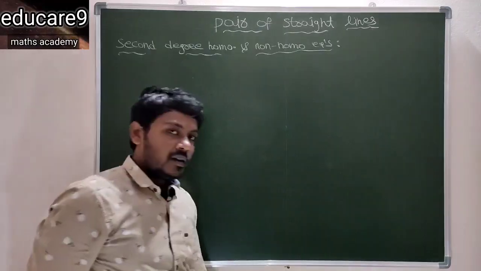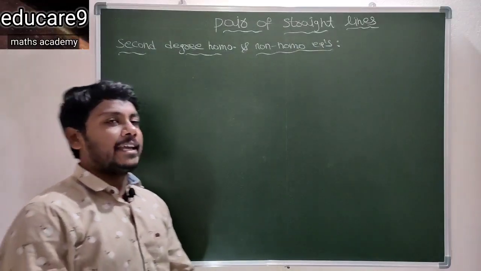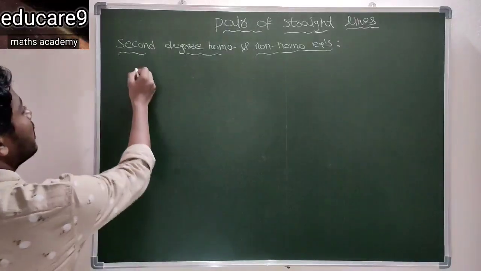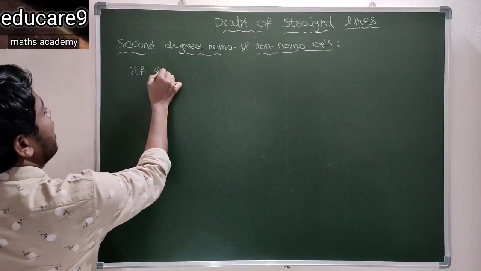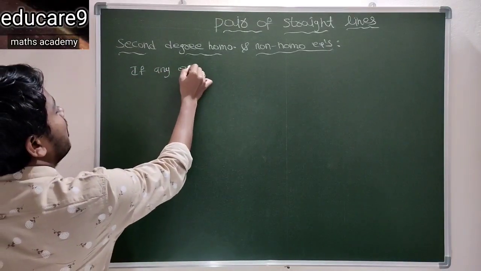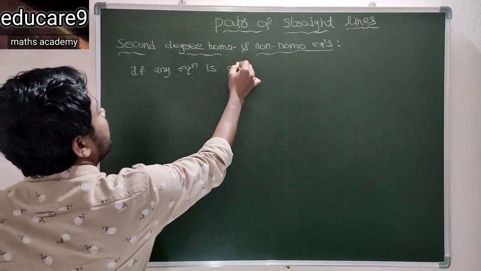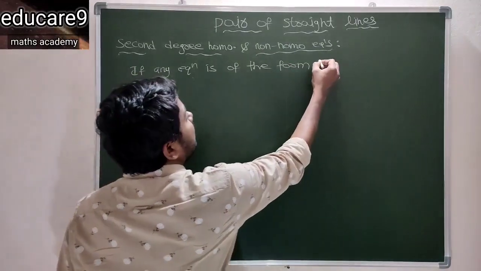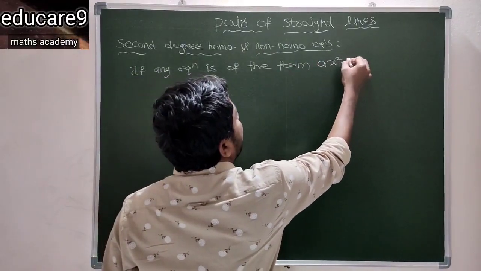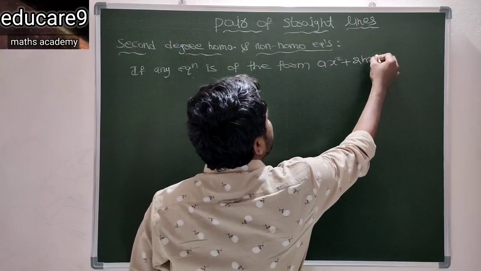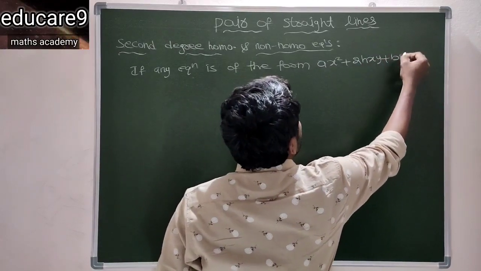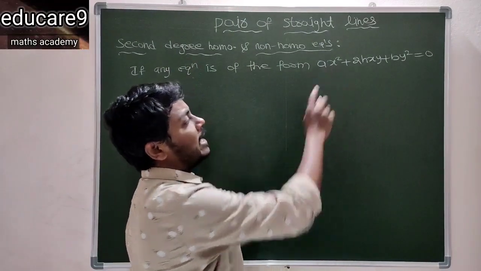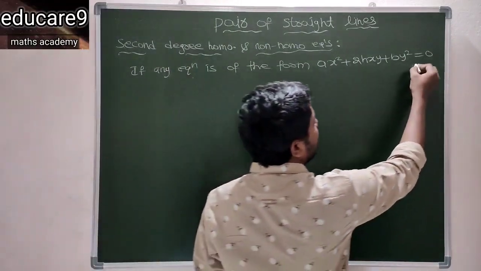Okay. So see the next definition: second degree homogeneous and non-homogeneous equation. See here, if any equation is of the form ax square plus 2hxy plus by square is equal to 0, so clearly this is the second degree homogeneous equation.